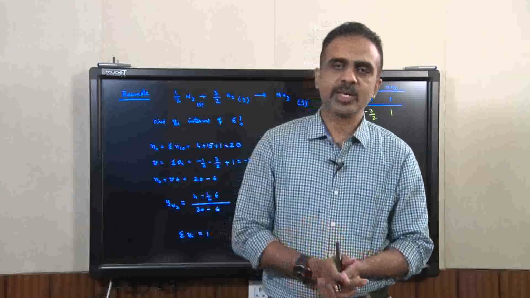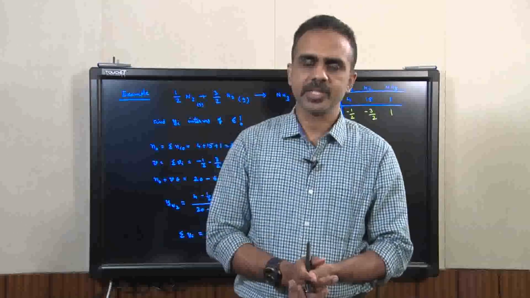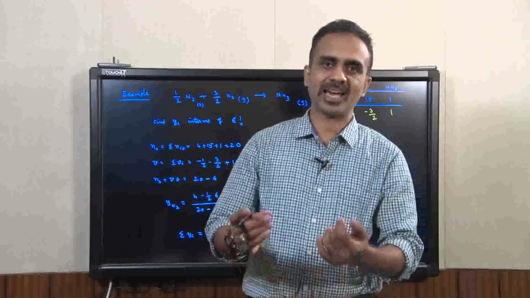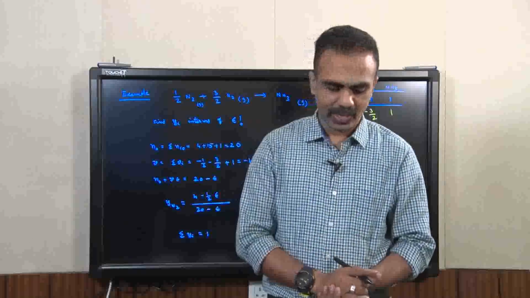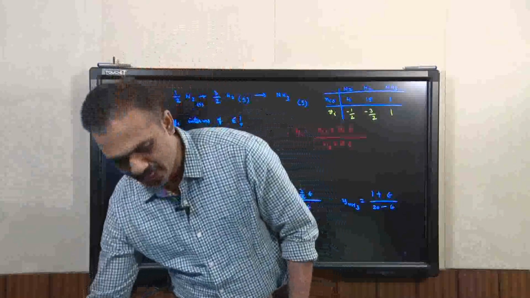So those are a few examples on how we express the mole fractions in terms of the reaction coordinates when we have a single reaction. Now let's consider the case of multiple reactions.